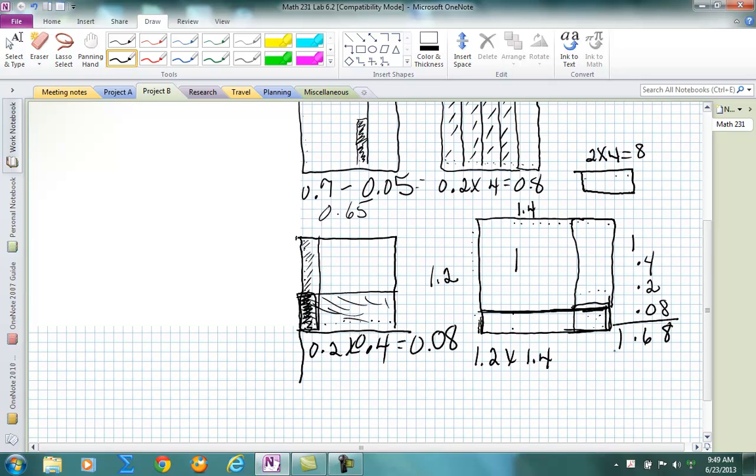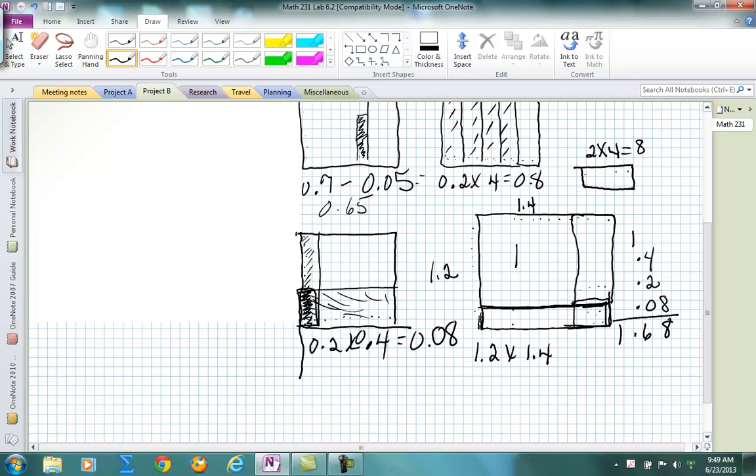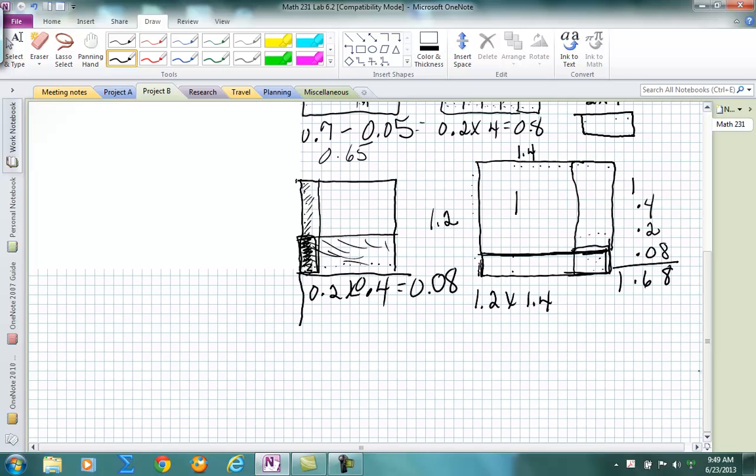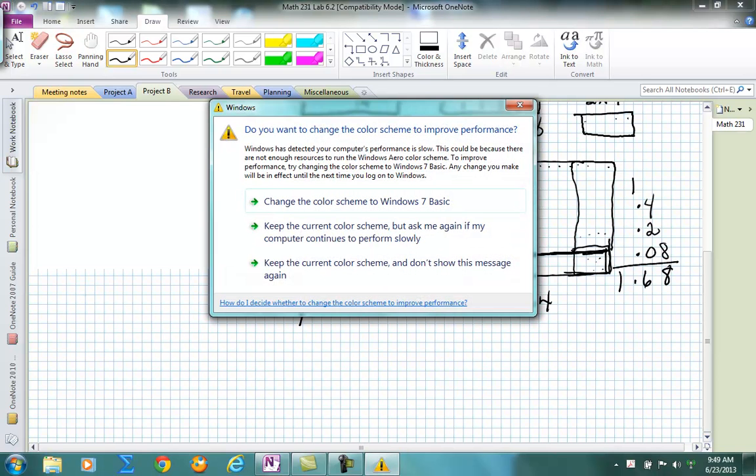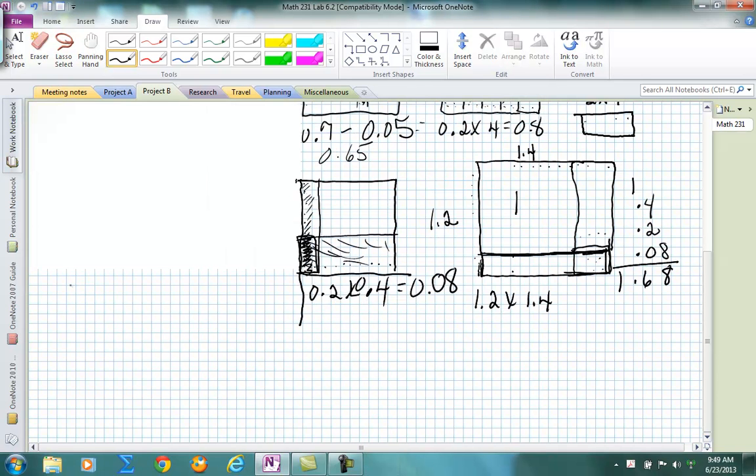If you remember, division is a shortcut to subtraction. So I'm going to make my unit.